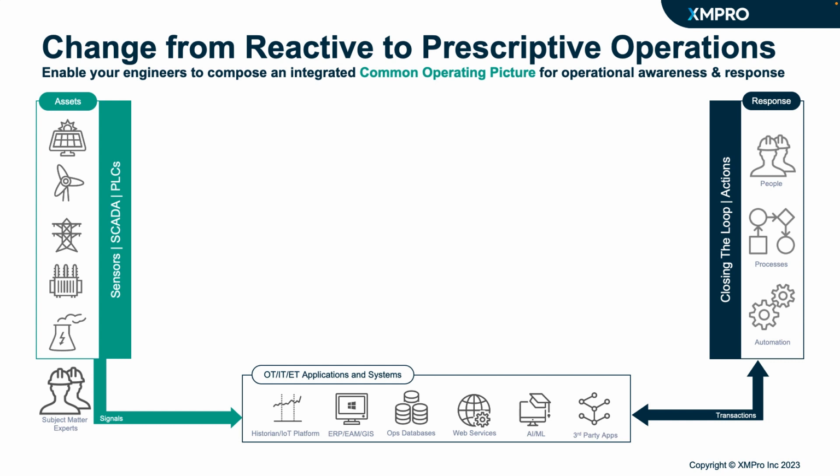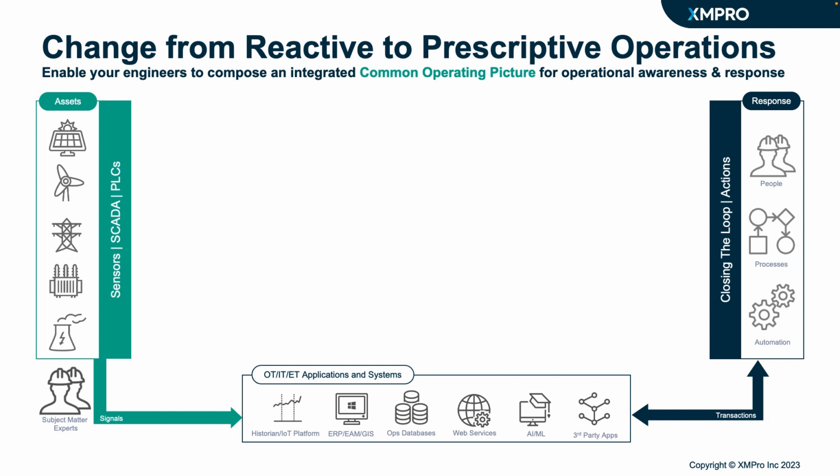Now, a different perspective on this and the role of a digital twin is to create that common operating picture for operational awareness and response. And the whole idea is to change from reactive to more prescriptive operations. And many organizations now in power and utilities and asset-intensive complex industries have a whole array of complex assets where there's already SCADA systems, PLC sensors and everything in there.